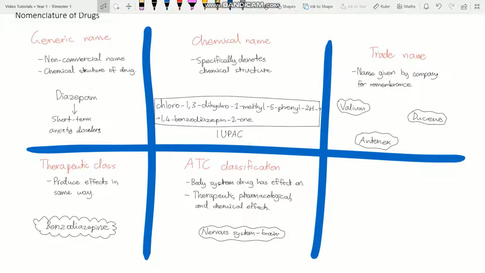They are the generic name, which is the legal non-commercial name, the chemical name, which denotes the entire structure of the particular drug, the trade name, which is the name by which the drug is sold by the particular pharmaceutical company, the therapeutic class, which is the classification of the drugs based on the mechanism of action in which they produce their effects in the same way, and the ATC classification tells us which body system the particular drug has an effect on. This includes the therapeutic, pharmacological, and chemical effects.